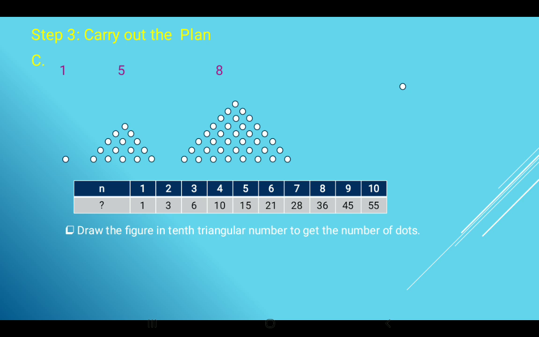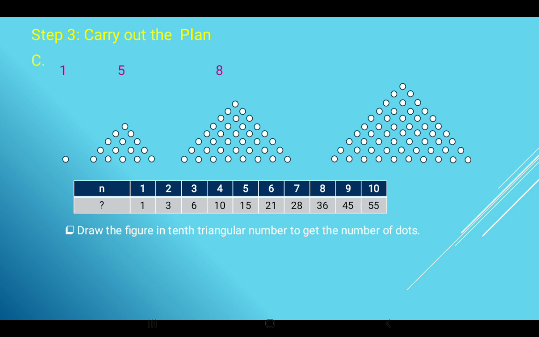Mag-start tayo sa 1 plus 2 dots plus 3 dots plus 4 dots plus 5 dots plus 6 dots plus 7 dots plus 8 dots plus 9 dots and plus 10 dots. So, ibig sabihin, ito yung itsura ng ating 10th triangular number.